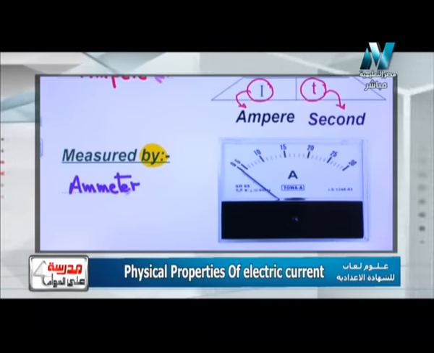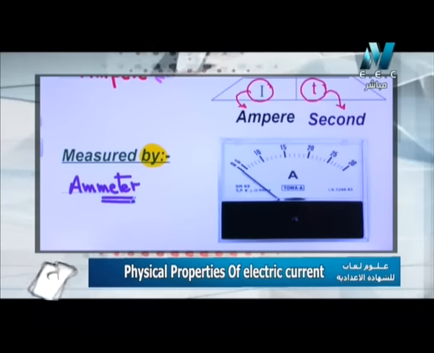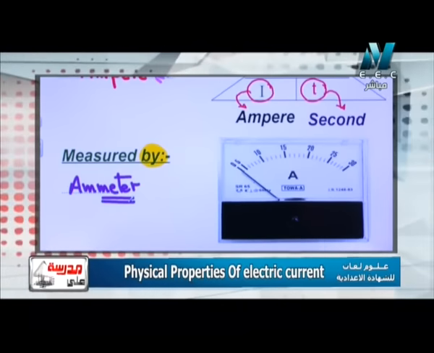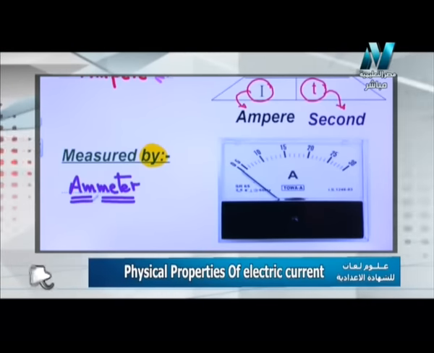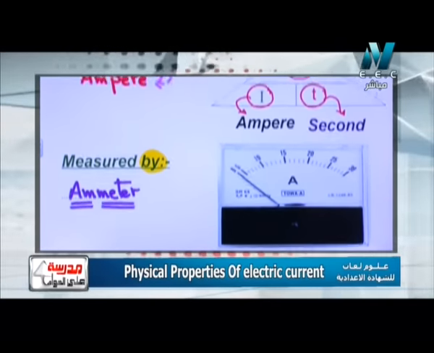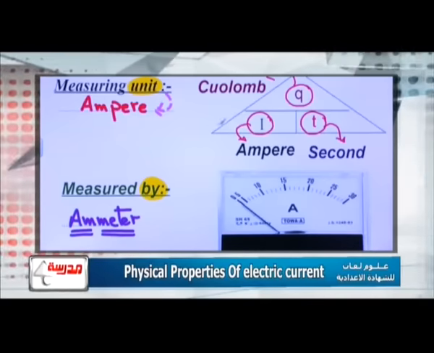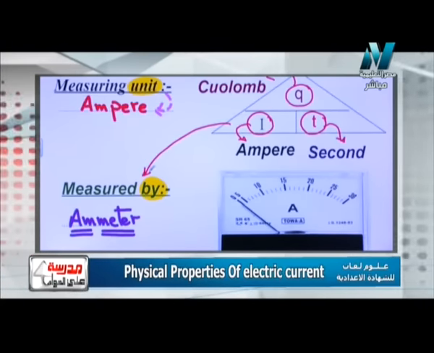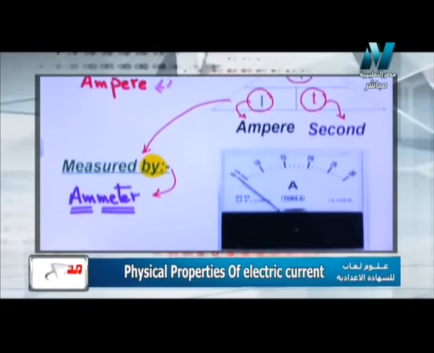Meter here doesn't mean the length unit, it means a counter, like the electric meter at home, the electricity meter. So instead of saying ampere meter, I say ammeter, which means the device used to measure the electric current intensity. So electric current intensity is measured by an ammeter, as you see the device here in front of you.